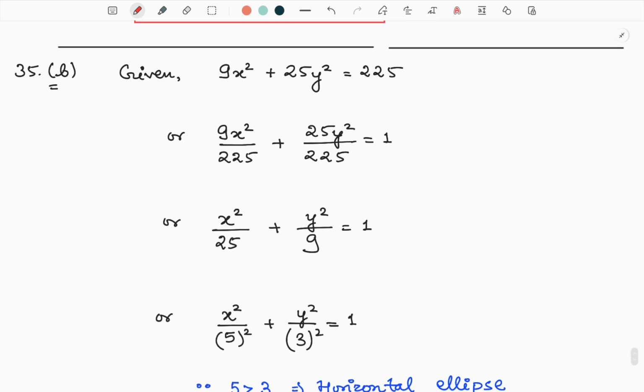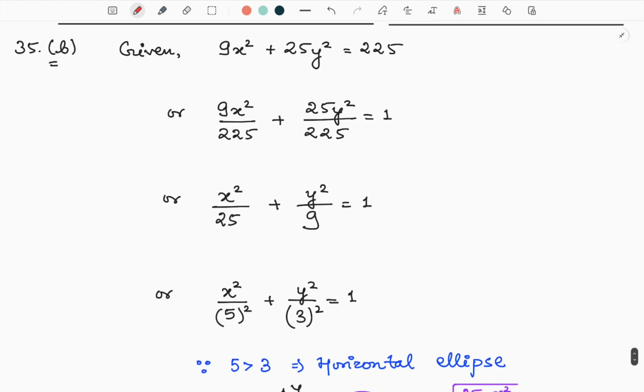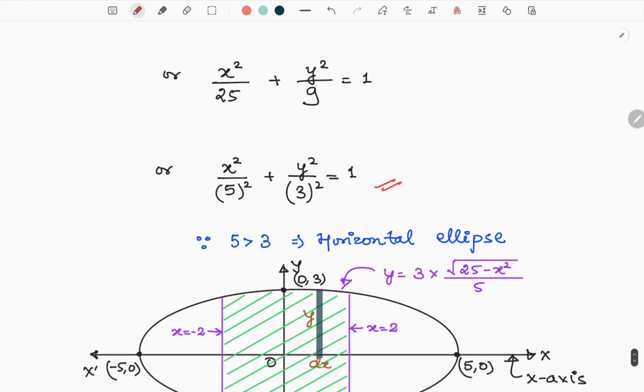Now come to the 35b part, which is of an ellipse. The equation is not given in standard form, so we convert it, and we get x square by 5 square plus y square by 3 square. We can easily see the x square denominator is greater than the y square denominator, so it is the case of a horizontal ellipse.